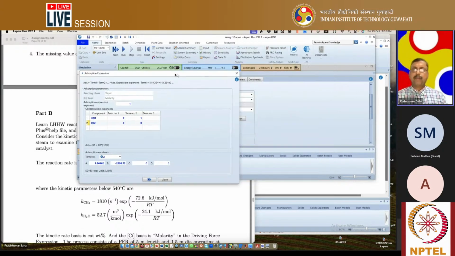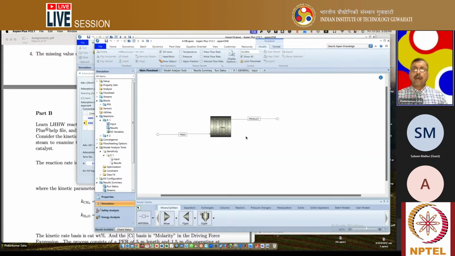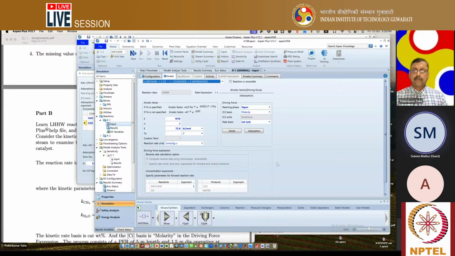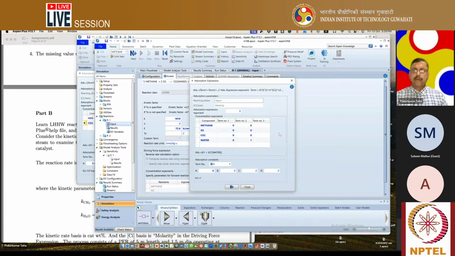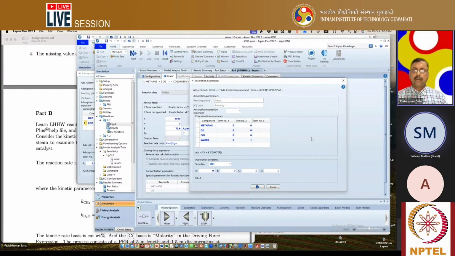Let me check. Vapor molarity catalyst. Basically, you have to give everything except the water, where term 2 will have 1.